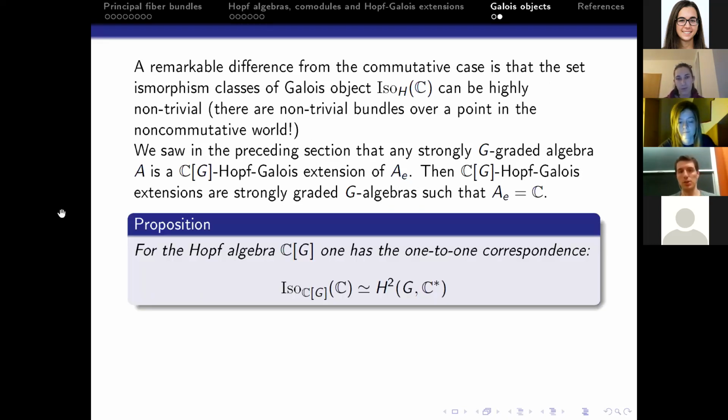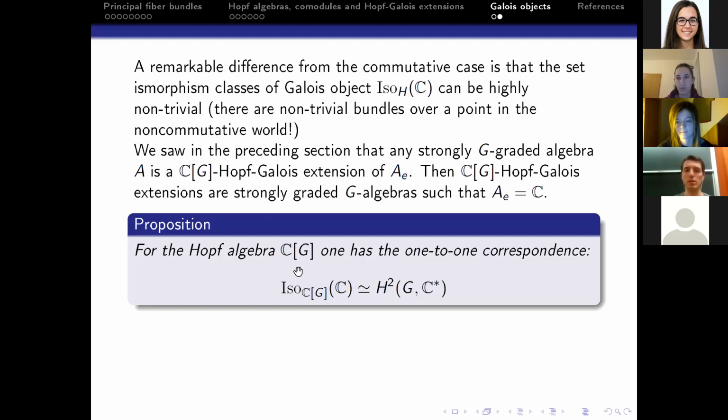And the last result: in the classical case, the classification of isomorphism classes over a singleton is the most trivial thing you have in the principal bundle setting. But in this setting, there are a lot of results about isomorphism classes of Galois objects for a given Hopf algebra.